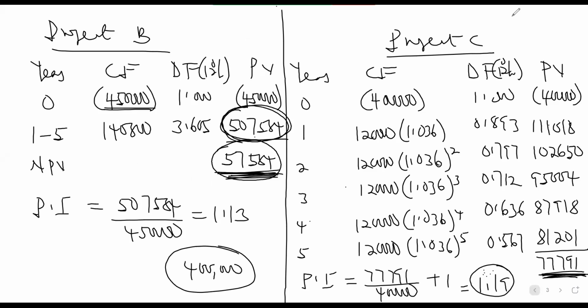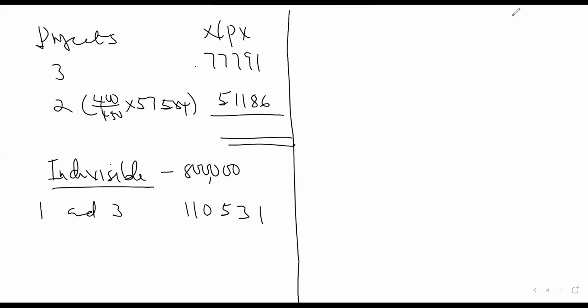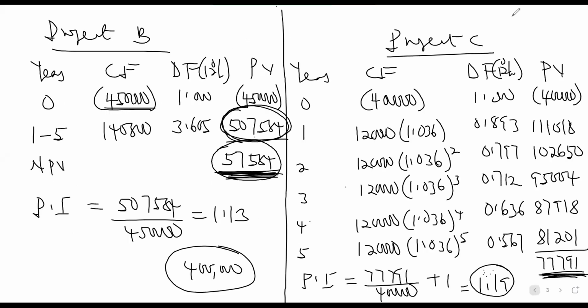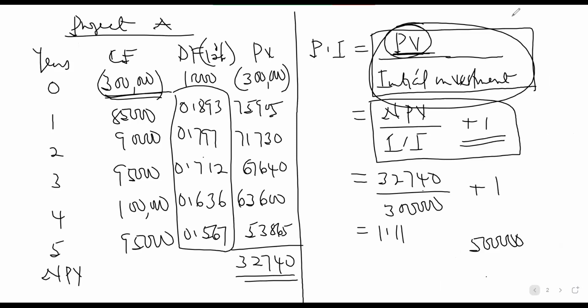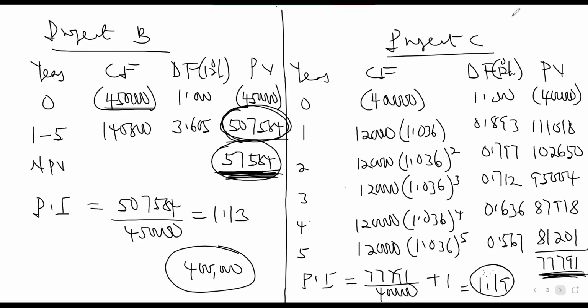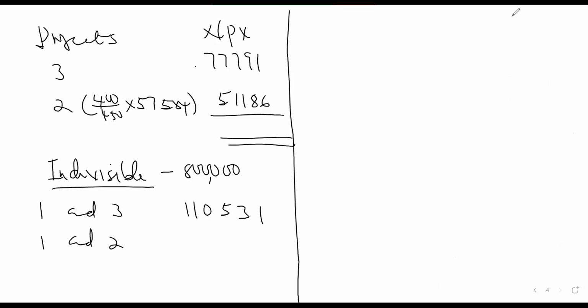So let's look at project 1 and 2. What will be the total NPV? 57584 plus 32740. What is the total NPV? 90324.